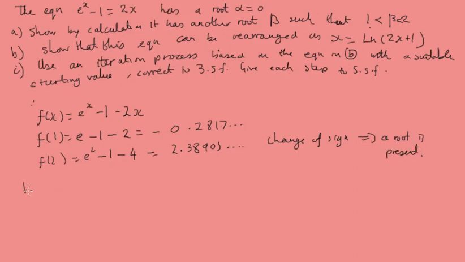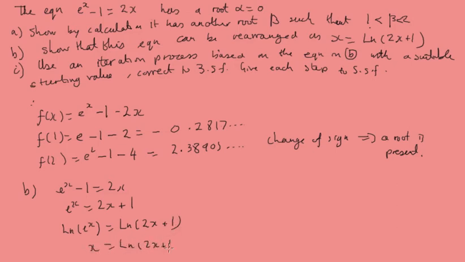So next step is to rearrange to get this. So we've got e to the x minus 1 equals 2x. So we'll get e to the x equals 2x plus 1. Now we'll take the log of both sides, which just gives us x equals the log of 2x plus 1, which is what we're looking for.